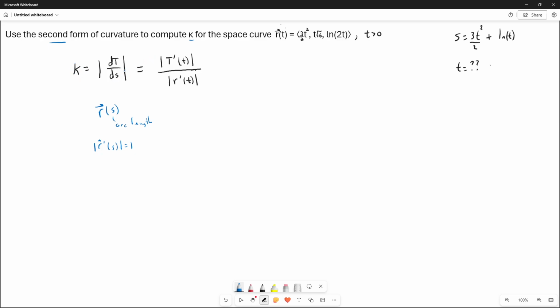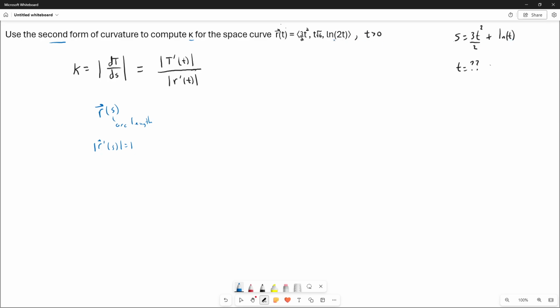Okay, now the second form, sometimes it's hard to write the curve in terms of the arc length parameter, which is the case here. Let me comment on that briefly. There's a formula for computing the arc length parameter, and in the problem that we have here, I've computed s to be 3t squared over 2 plus the log of t.